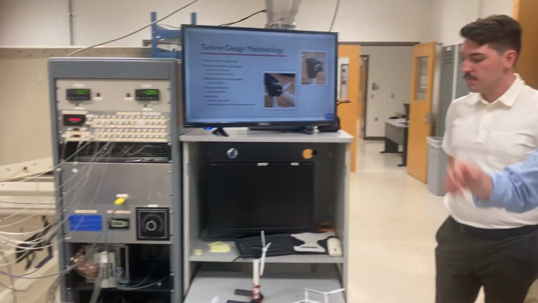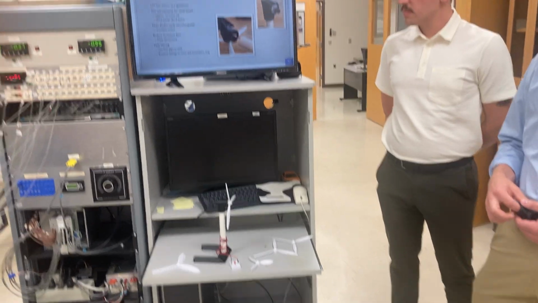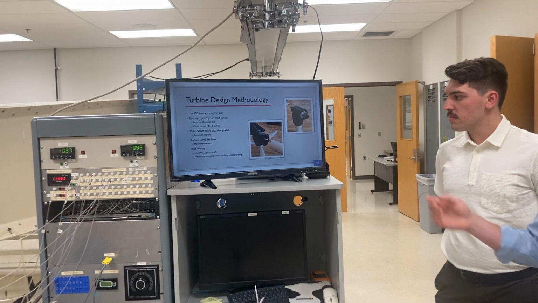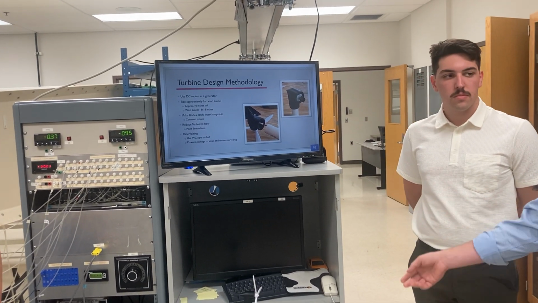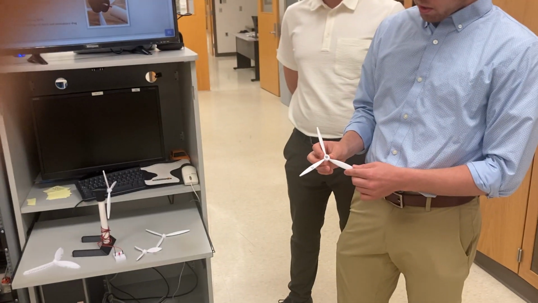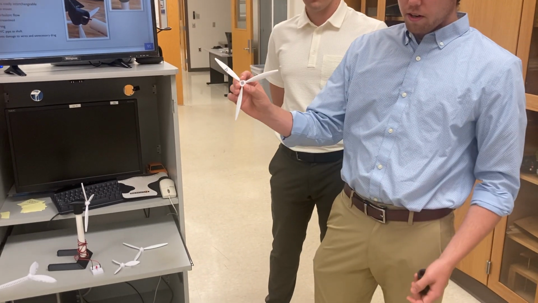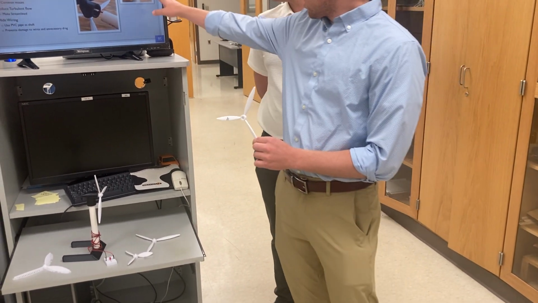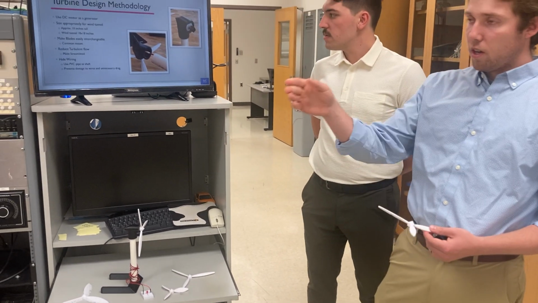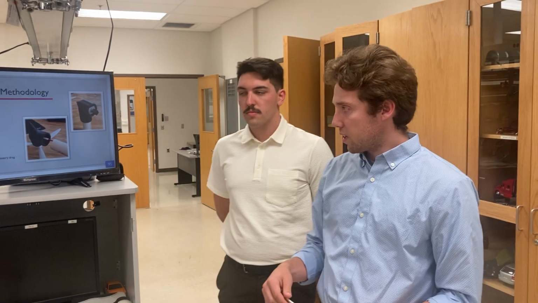So this was, like Colton said, around 10 inches tall, and the wind tunnel is 18 by 18 inches. And another design factor was making these blades easily interchangeable. So what we did to accommodate for this was make a square piece that each of the blades could slide onto to fit snug and allow quick changes while we were testing.